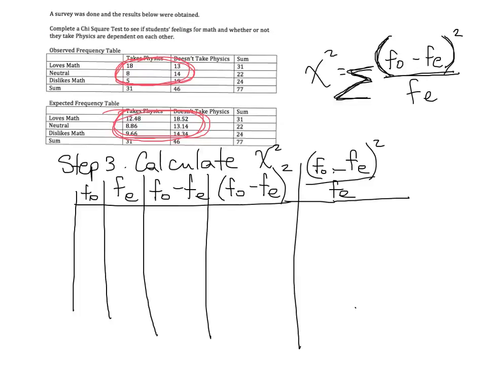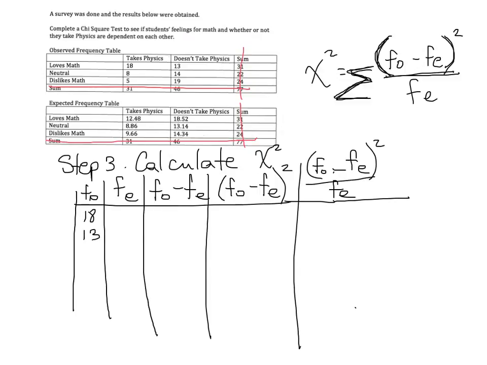Here's how this is going to happen. We're going to now have to list all our FO values first. So let's make sure we can see them. So the FO values, we're no longer in need of the sums. We can completely ignore our sums. Our FO values are just the numbers of the people, the frequencies of the people who took the survey. So the 18 people, the 13.